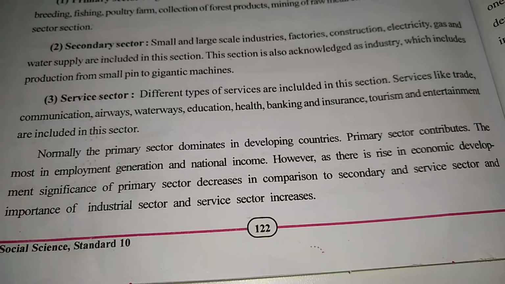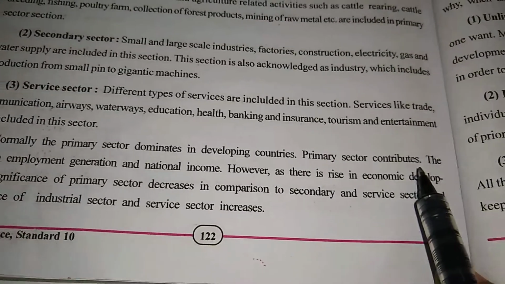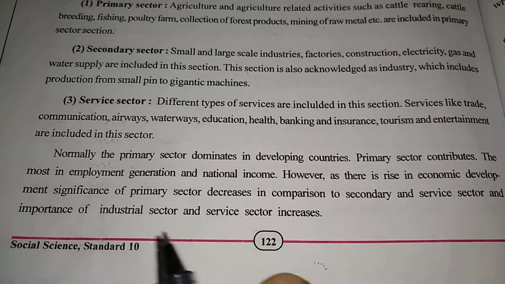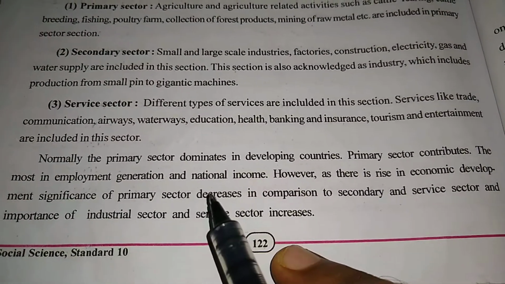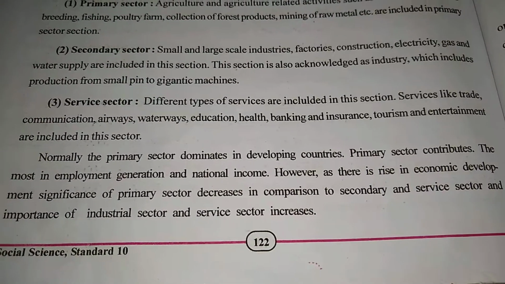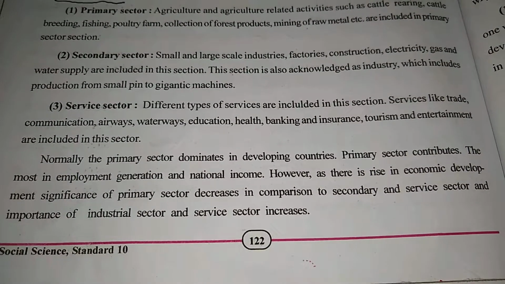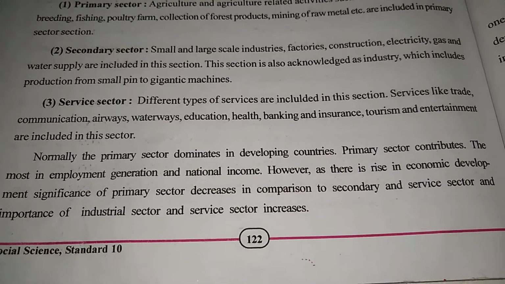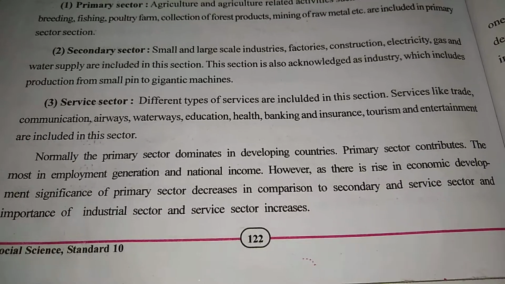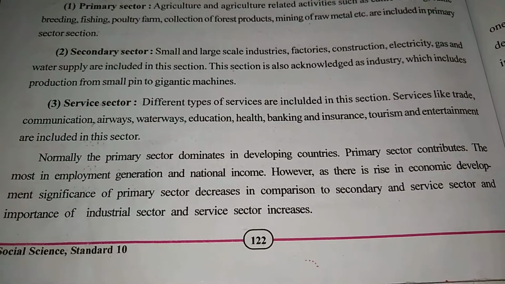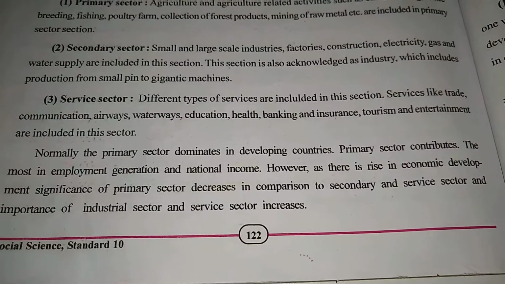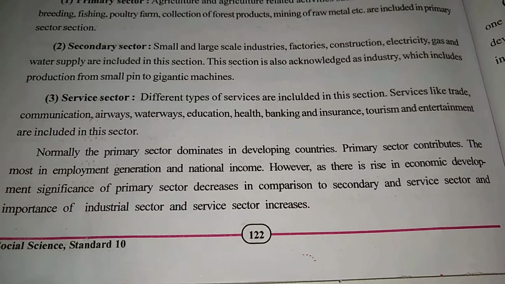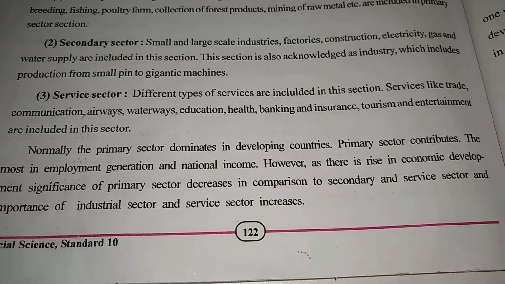The primary sector contributes the most in employment generation and national income. If you calculate the total people who are employed in a developing country, the majority of them are doing primary sector jobs. And if you calculate a developing country's national income, the ratio of the primary sector is very high.